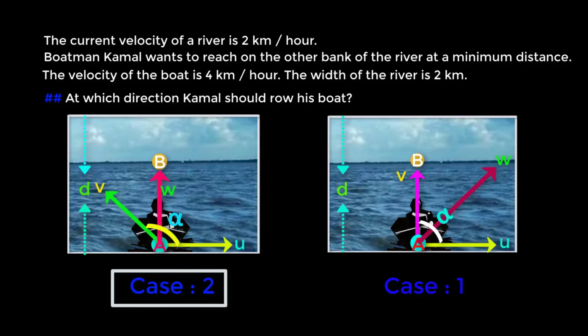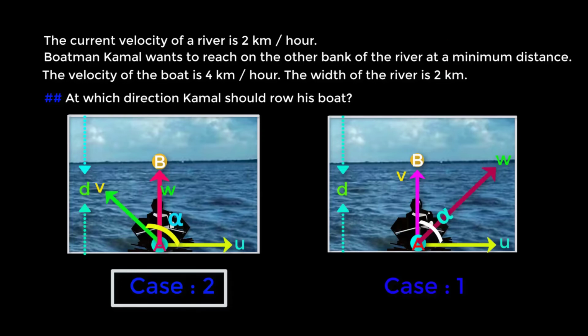When the boat is supposed to reach a point, the velocity of water current pushes the boat to another point. This keeps repeating, and as a result, the boatman at last reaches here in this point, and this path is the minimum distance.